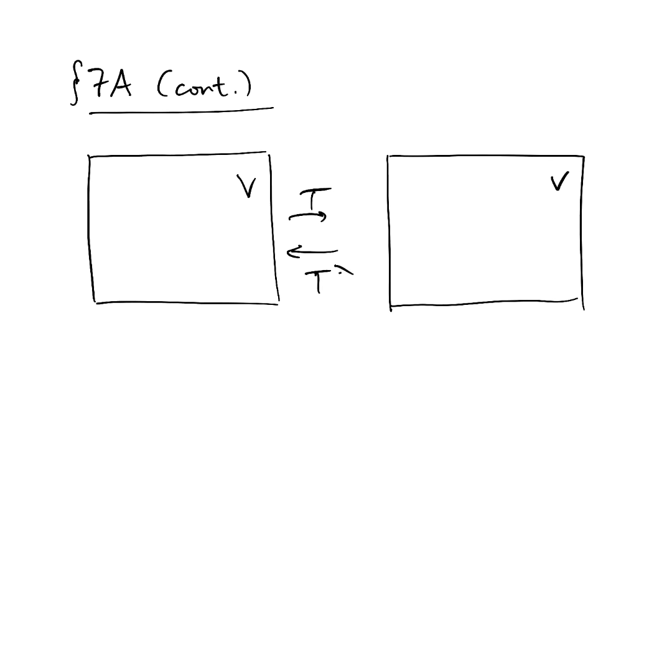The symbol is T star, and that mapping that runs right to left, called T star, is guaranteed by the Riesz representation theorem, and sometimes it equals T and sometimes it doesn't. When T equals T star, T is called self-adjoint.